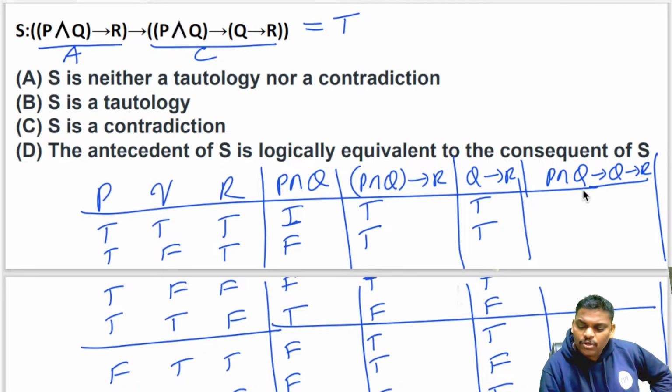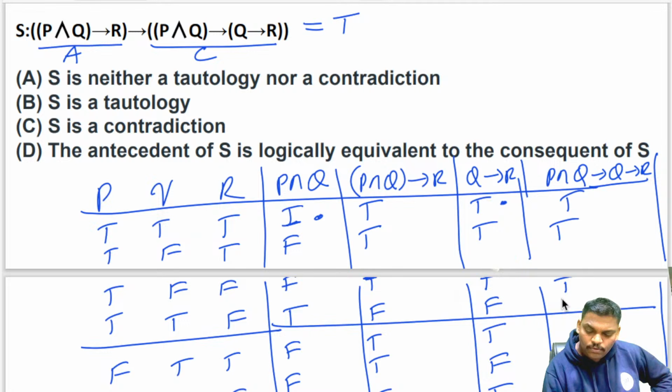Next one, P and Q implies Q and R. I think this one, this one, this one, this one: true, true, true, true, true, false, right? False. Check properly. Next one: true, true, true, true.